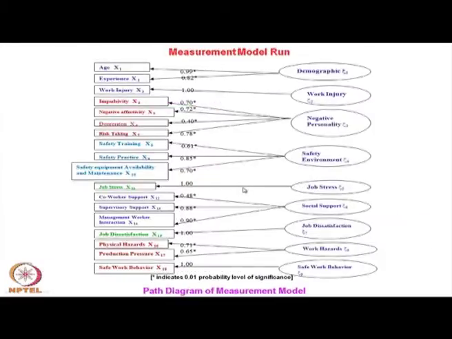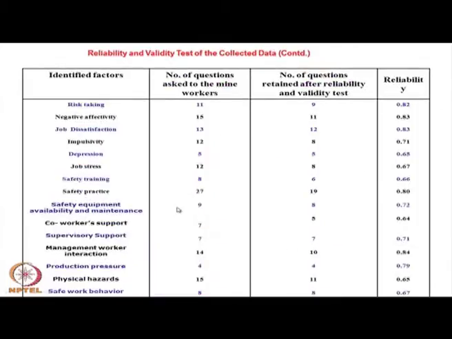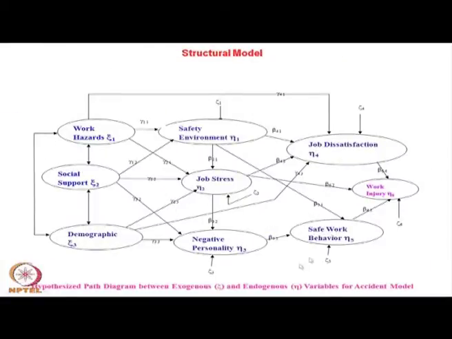This is the correlation matrix. This is the output. Once we get this output, this is the input to our structural model. So, in the first phase you have to identify the manifest variables and the latent constructs.